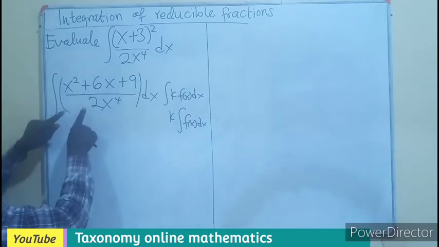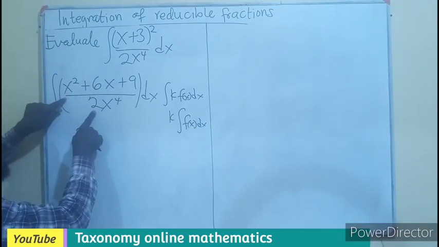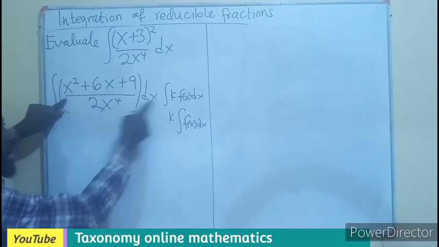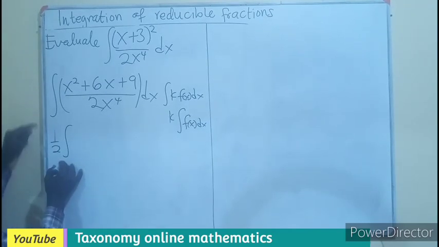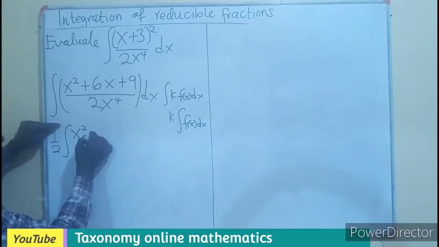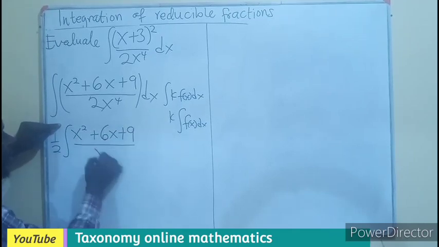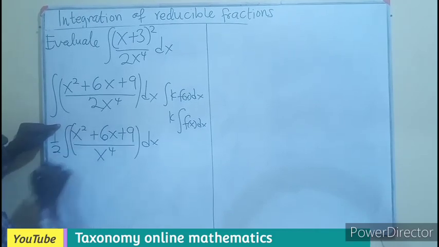So in this case, I can write this fraction as 1 over 2 before the whole of this. So 1 over 2 becomes the coefficient. Now I'll have 1 over 2 integral of x squared plus 6x plus 9 over x to the power 4 dx.